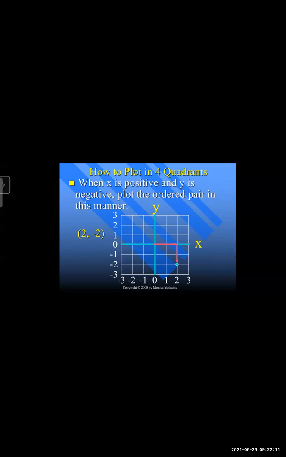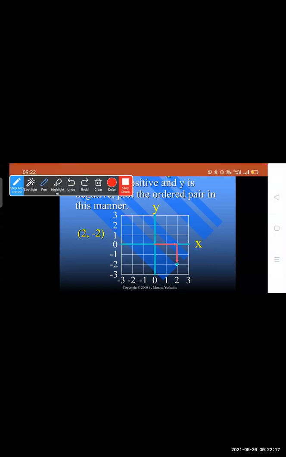Earlier we discussed that there are 4 quadrants: 1, 2, 3, 4. In the first quadrant, x and y are positive. In the second quadrant, x is negative and y is positive. In the third quadrant, x is negative and y is also negative.